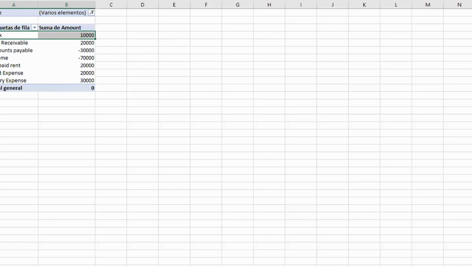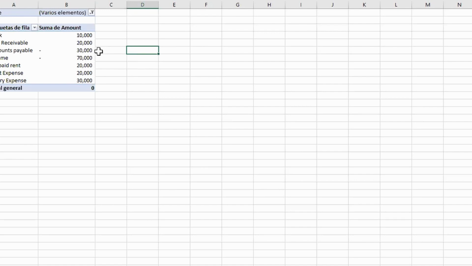So as you might see, bank account is an element of what financial statement? Balance sheet, perfect. Accounts receivable? Same. Accounts payable? Balance sheet.